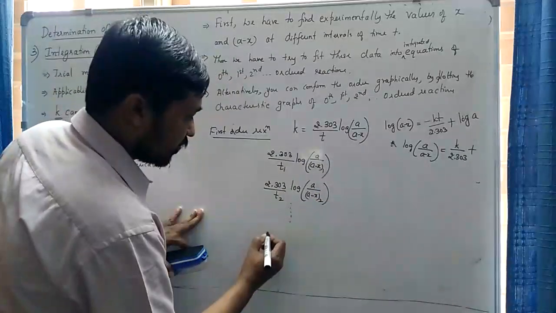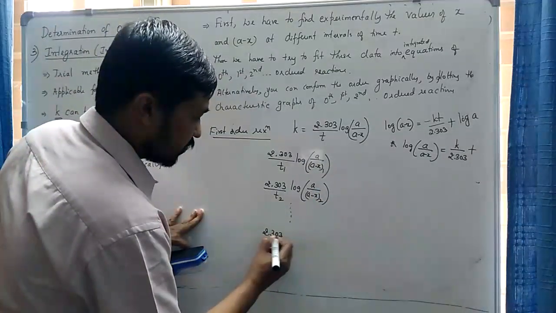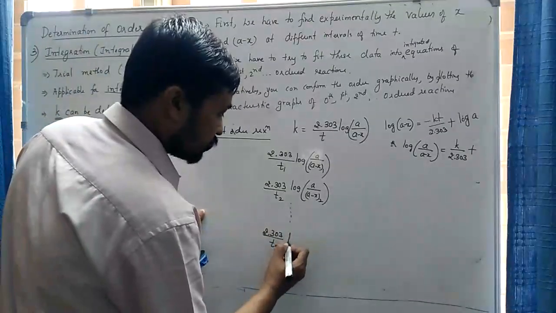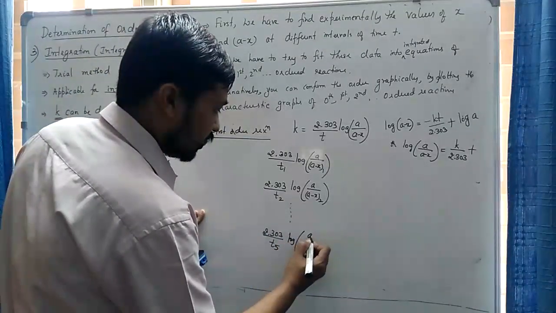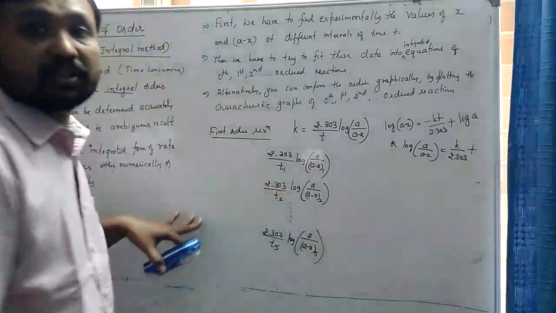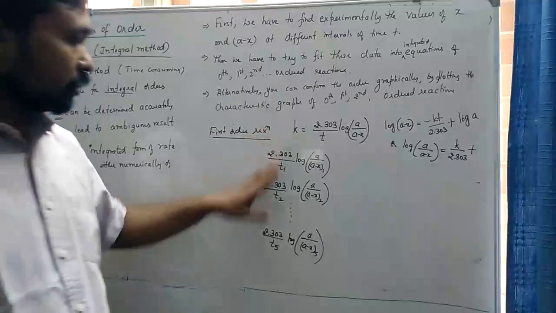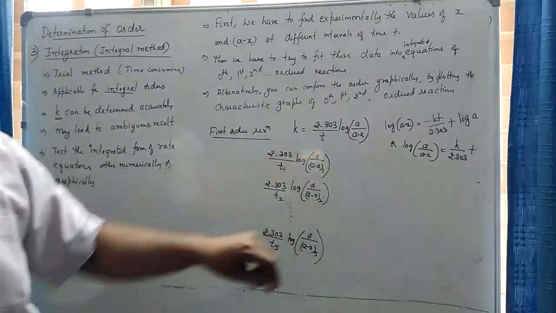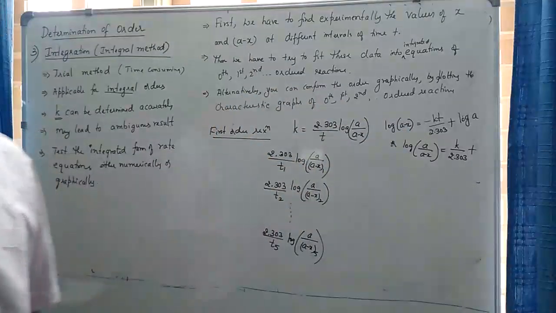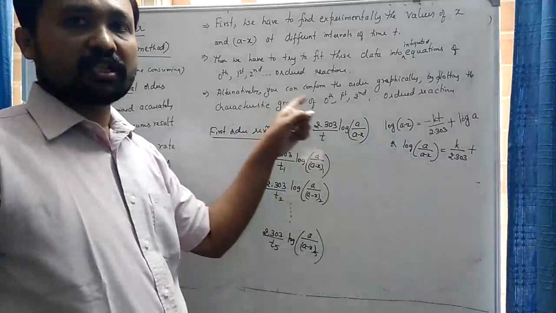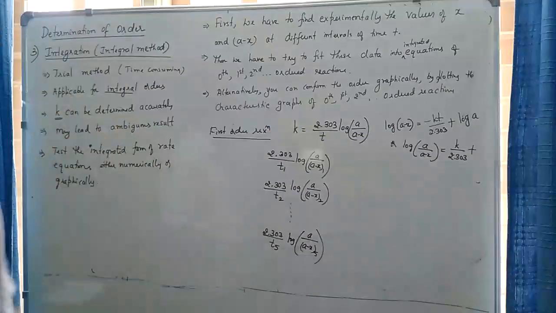In the same way up to time interval t5, that is 2.303 divided by t5 into log of a divided by a minus x at t5. And if all these expressions give the same constant value, it clearly indicates that this equation is a valid equation for the chemical reaction.